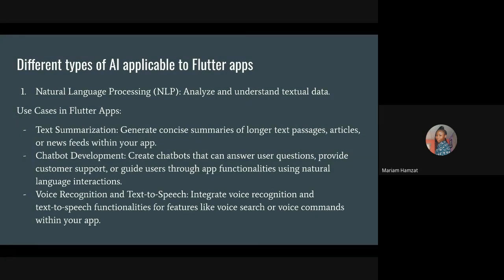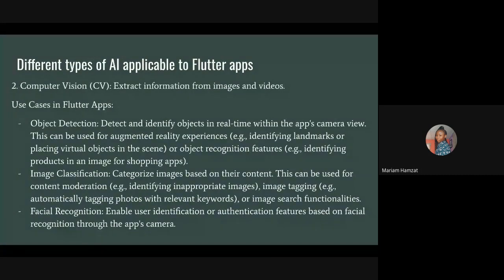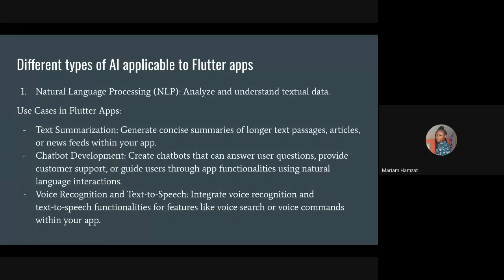But you have to say it clearly so that it can get every bit of what you're saying and it gives you the perfect translation from your speech, right? So you can also build applications that listen to voice and do text to speech or speech to text. And these things fall under natural language processing.